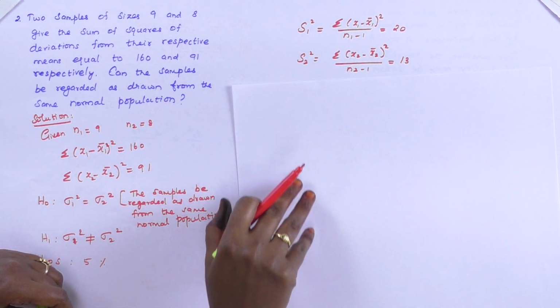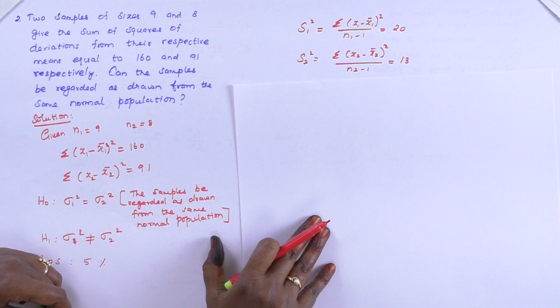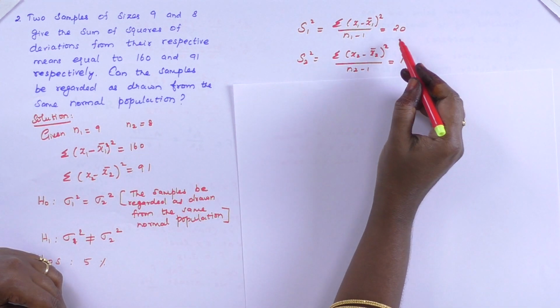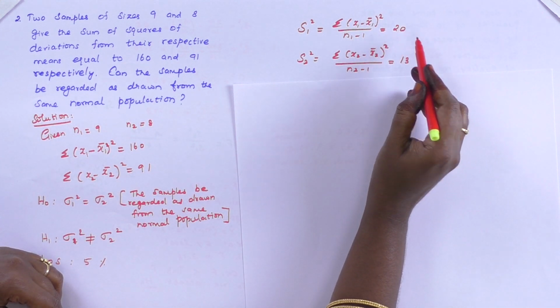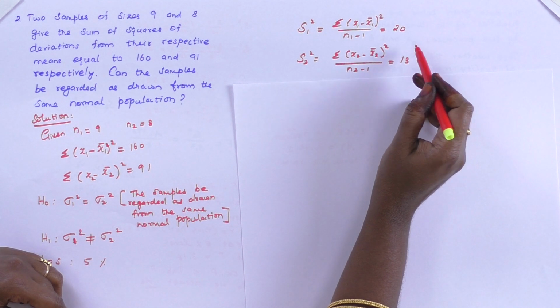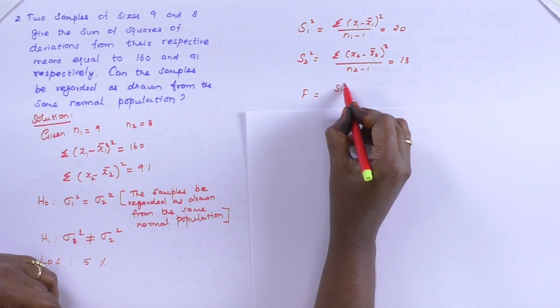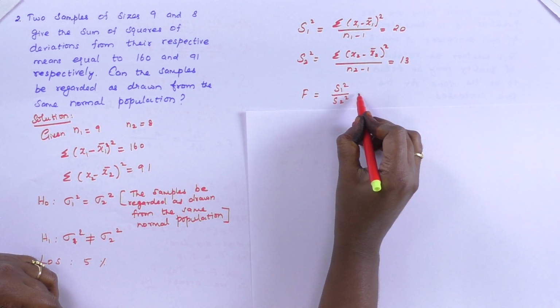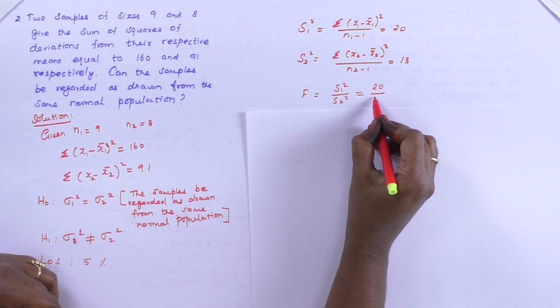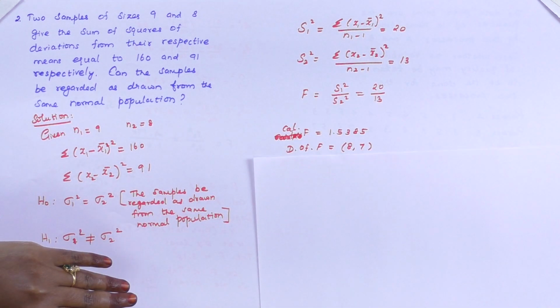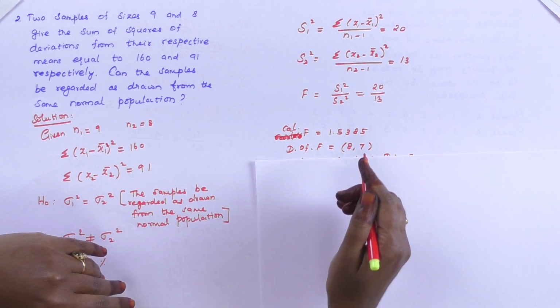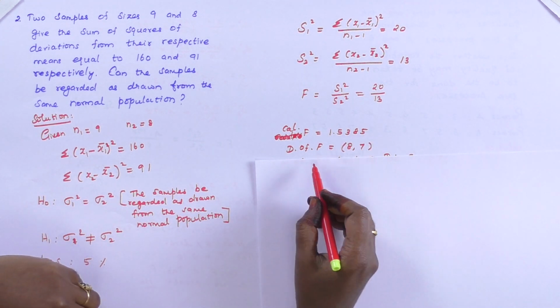Next we want to calculate the F statistic. Comparing these two values, S1 square is greater than S2 square, therefore our numerator is S1 square. S1 square divided by S2 square is 20 divided by 13. Simplifying that, we get the calculated value 1.5385.